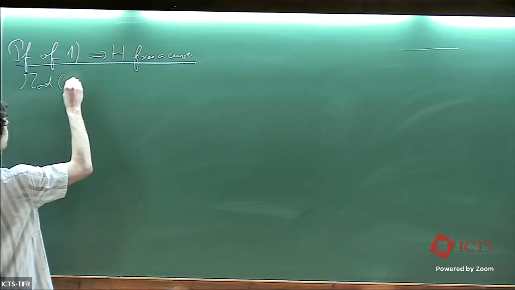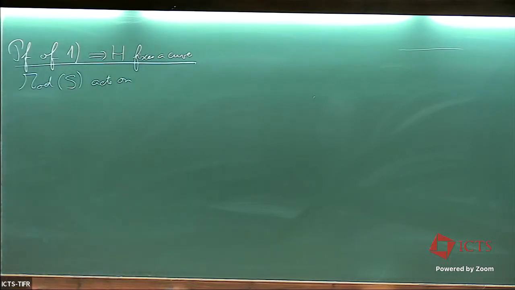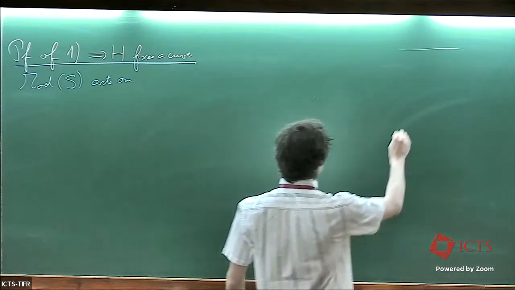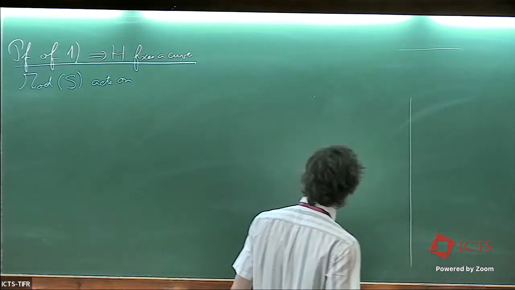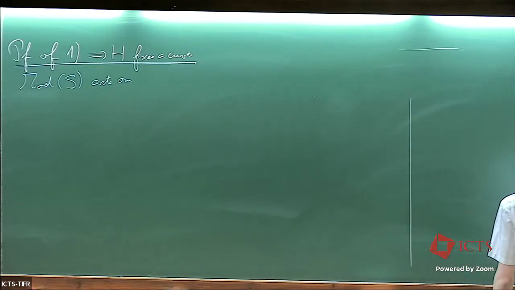So you need to have an action of the mapping class group on some negatively curved space. And for this, we'll consider the action on the curve complex, the curve graph.